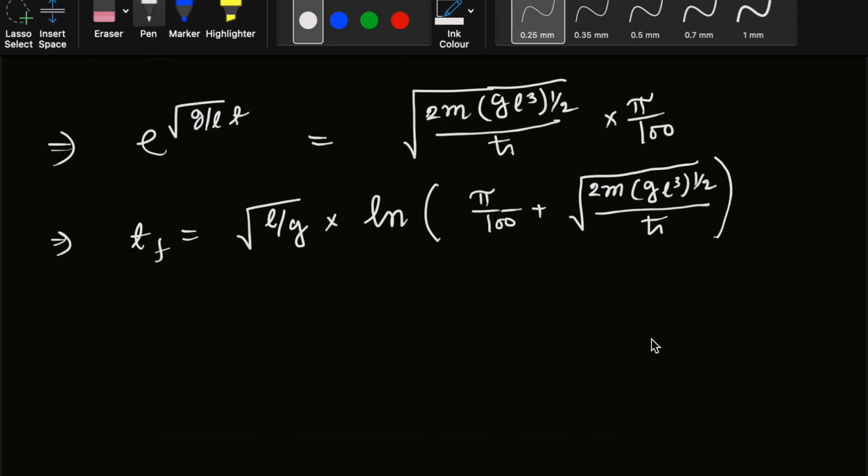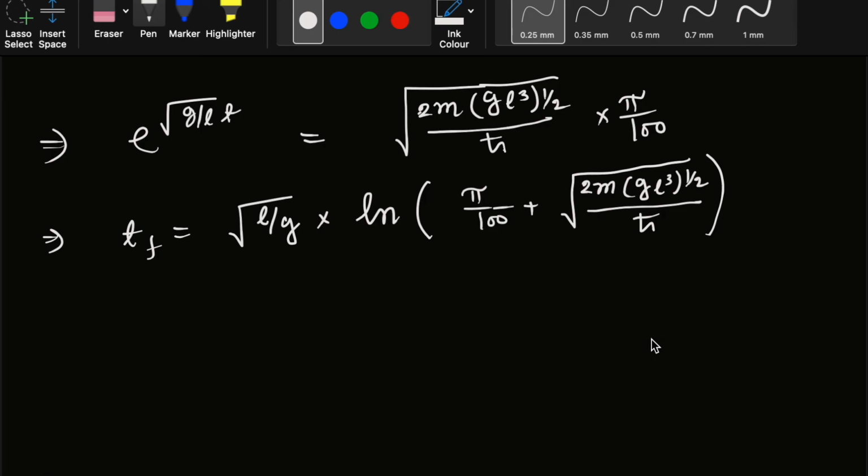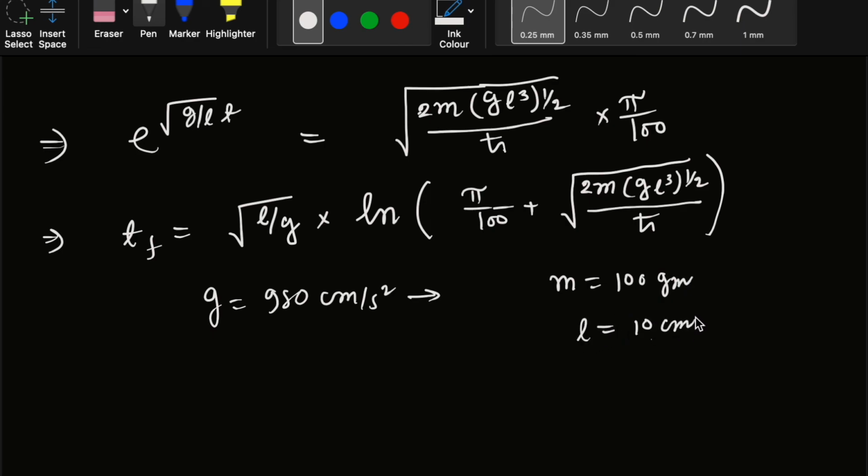Now if we take g equal to 980 centimeter per second square, gravitational acceleration, and m equal to 100 gram, and l equal to 10 cm, then we can calculate t_f. It will come as 3.4 seconds.